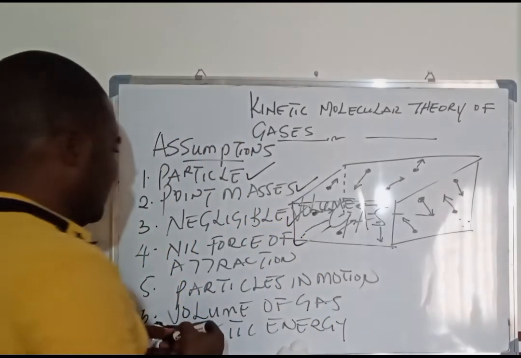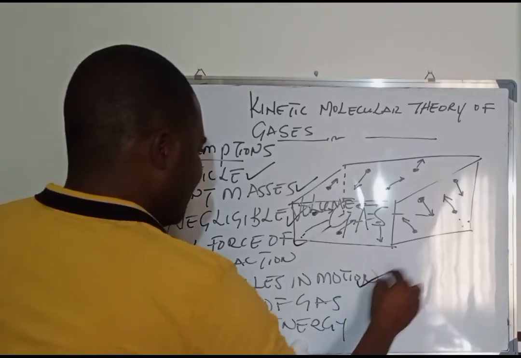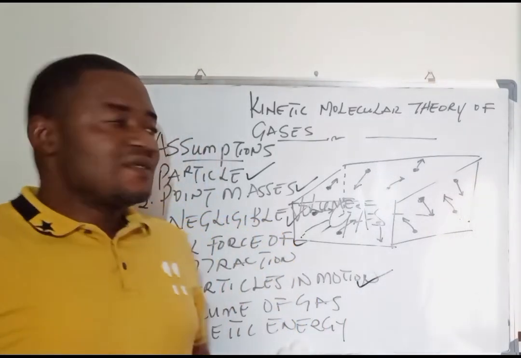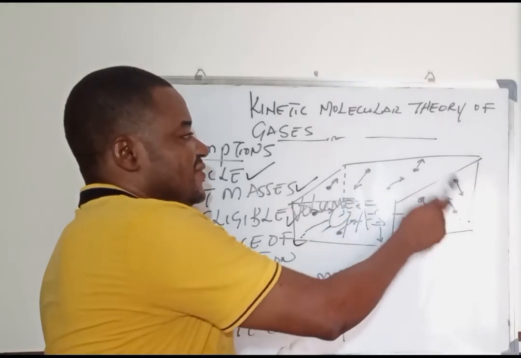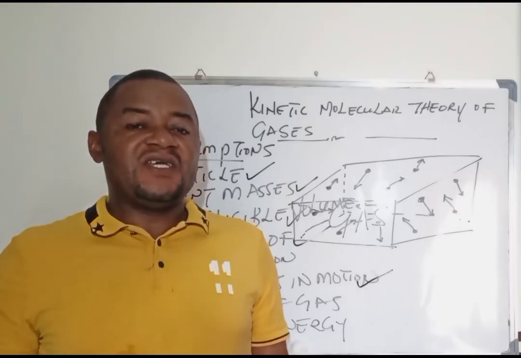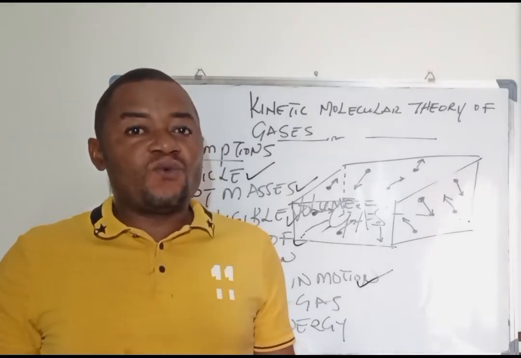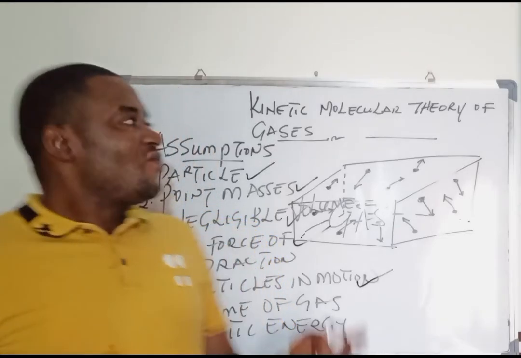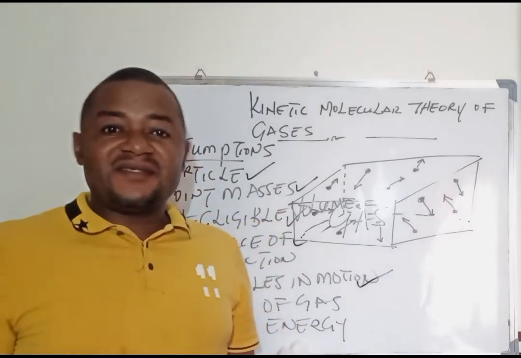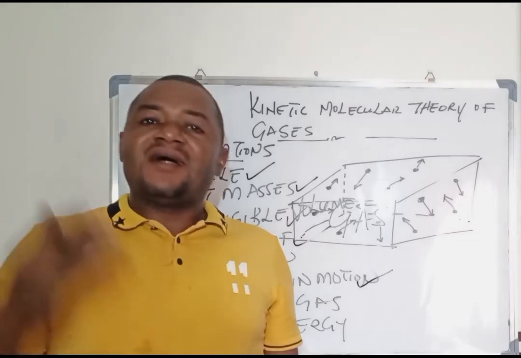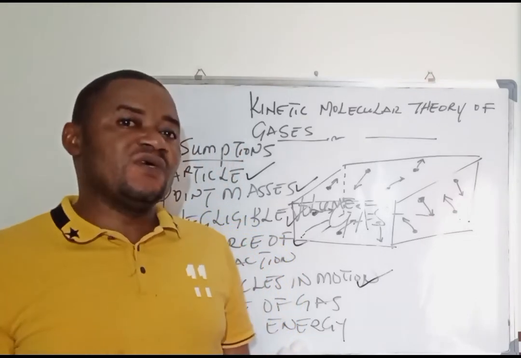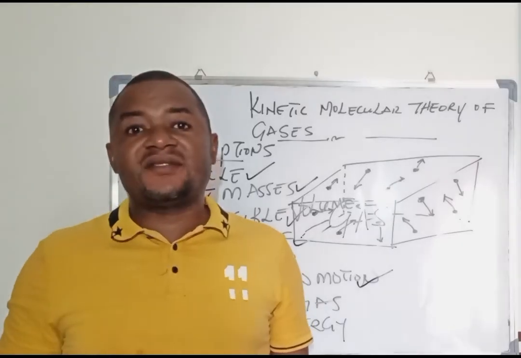Now the next one is the particles in motion. Because these particular gas particles are far apart, they have so much space enough to continuously be in motion. So one of the assumptions of the kinetic molecular theory of gases is that gas particles in the container are in constant motion, even though their motion is in straight lines.